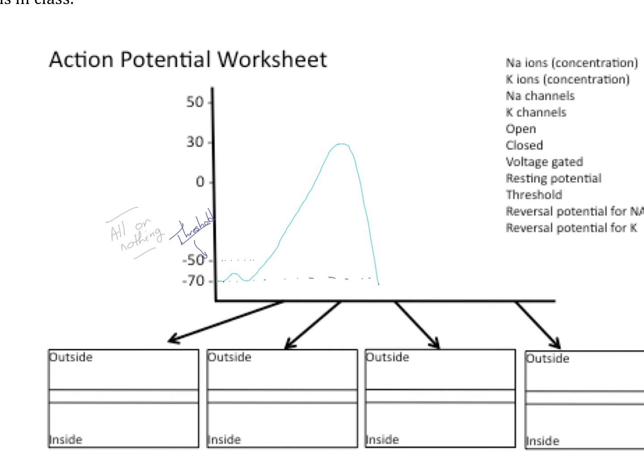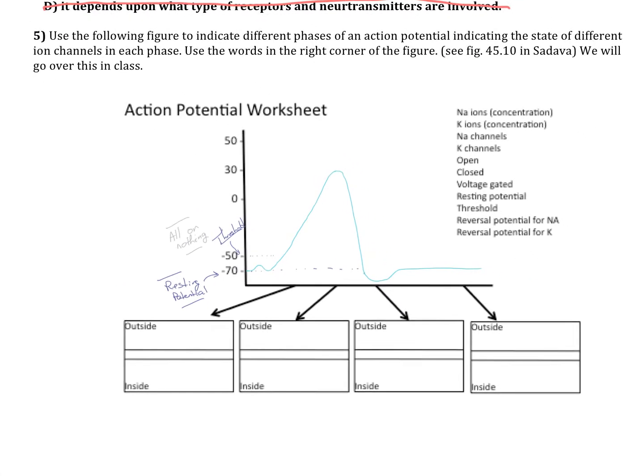Then it's going to come back up and go back to resting potential, and stay there until the next signal. So this is known as the resting potential. That's the voltage difference between the two sides when the neuron's at rest.